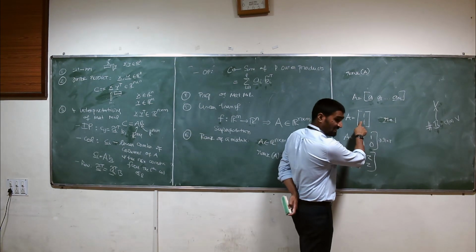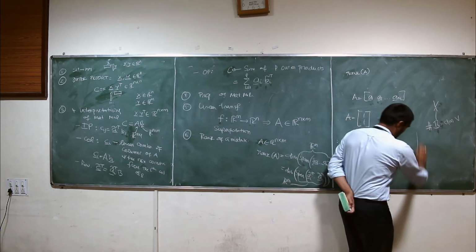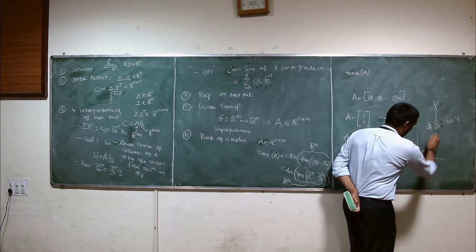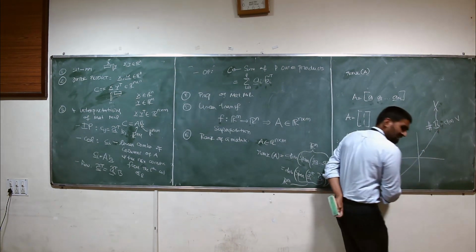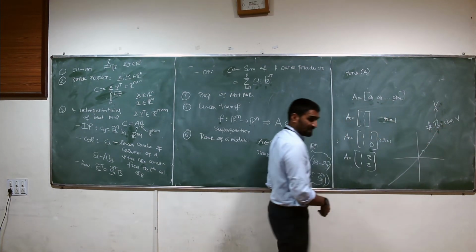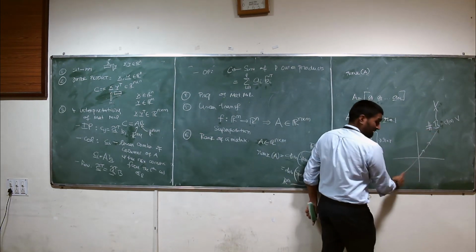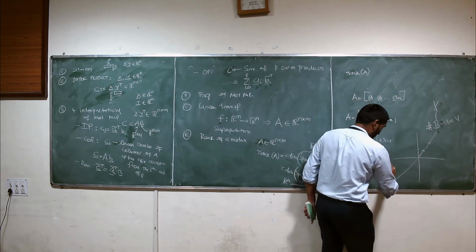The span of the columns of this matrix, and the span of the columns of this matrix, are exactly the same. 1, 1 spans this. 1, 1 and 1, 2 still span the same subspace. Okay, and the dimension of this subspace is 1. So the rank of this is 1.